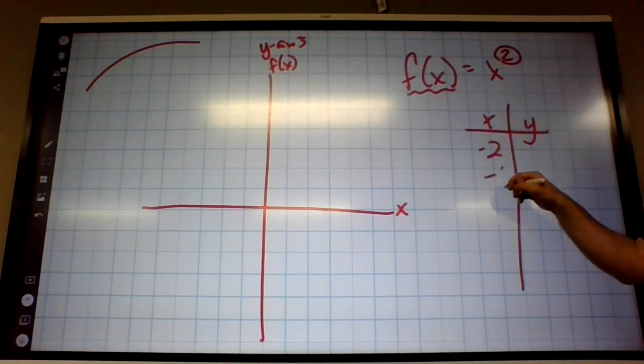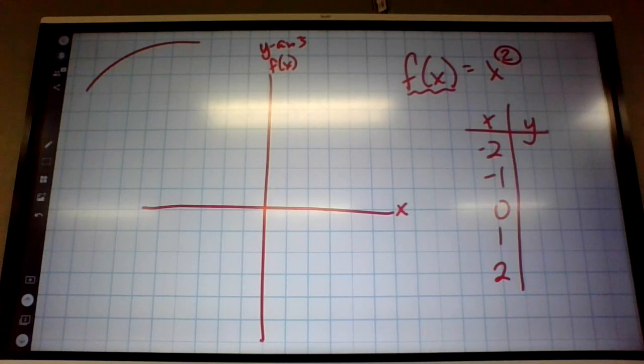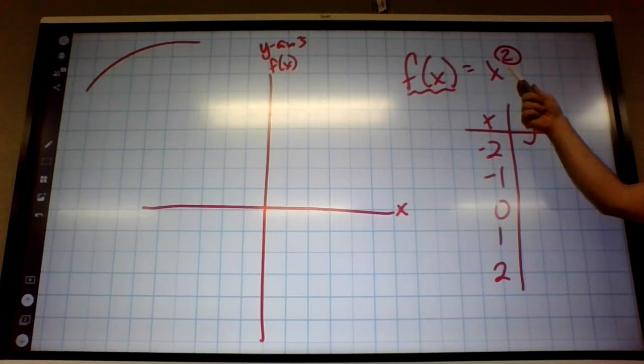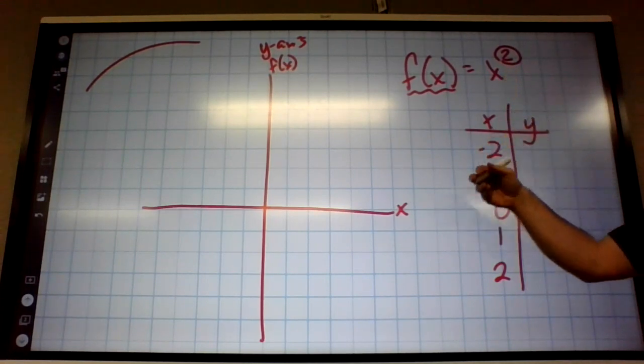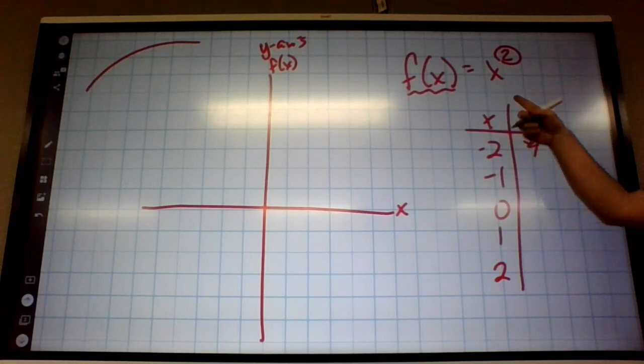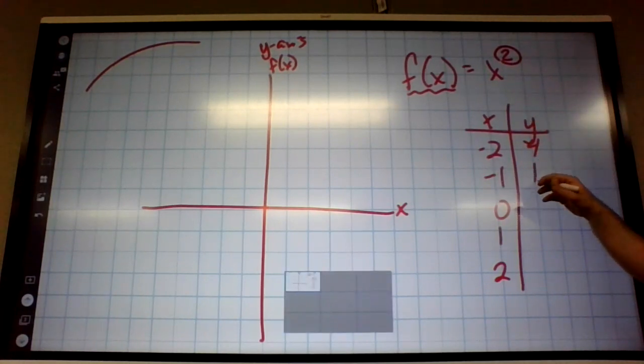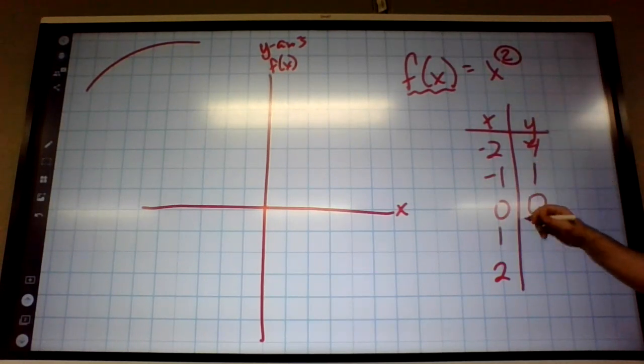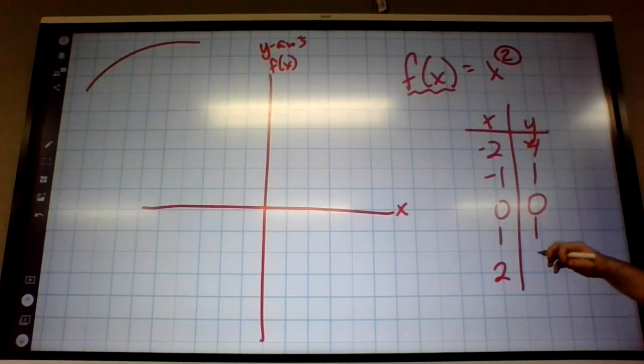So let's plug in these kind of standard 5. If I plugged in -2 for x, what would that equal? -2 squared is +4. -1 squared, 1, 0 squared, 1 squared, 2 squared, 4.